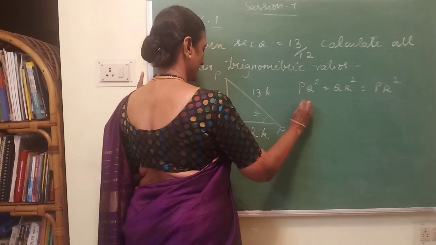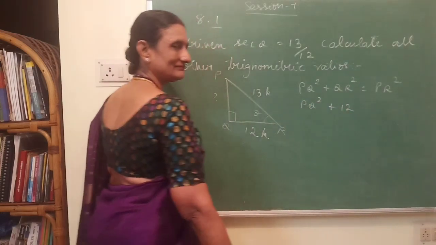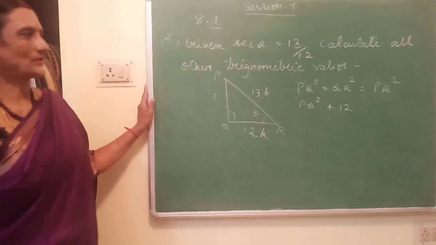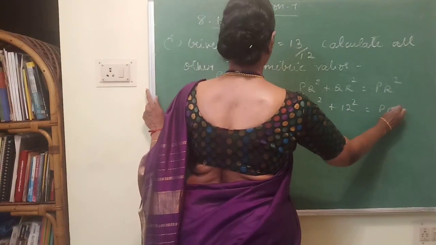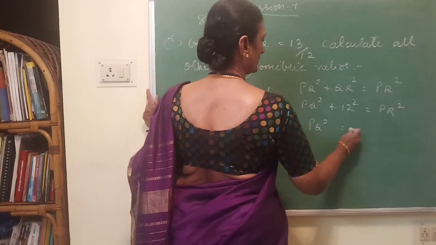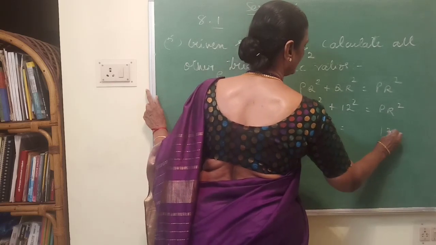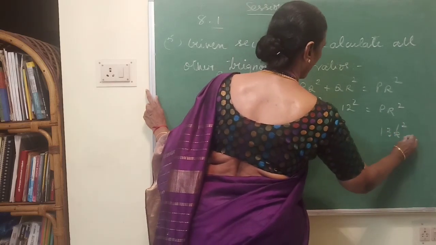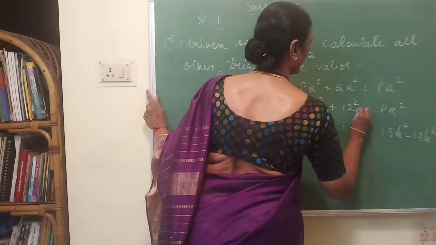So we have PQ square plus 12 square. PQ square is equal to PR square, whose value is 13k square, minus 12k square.